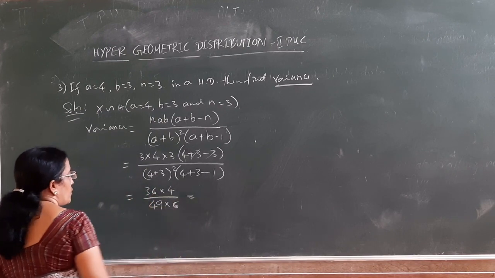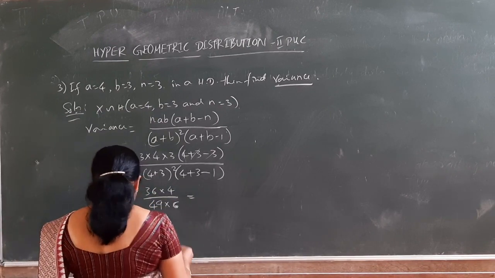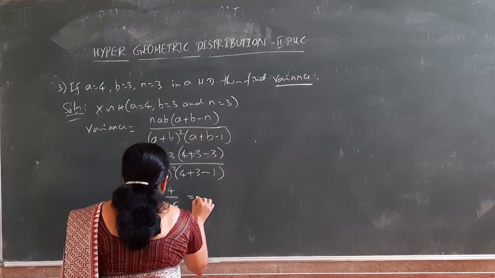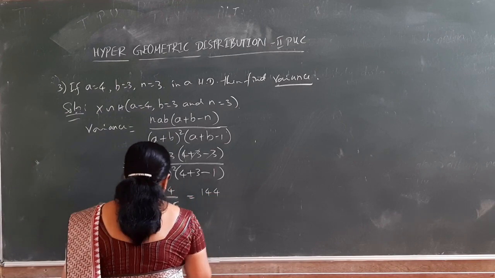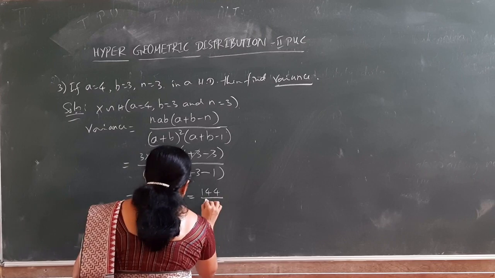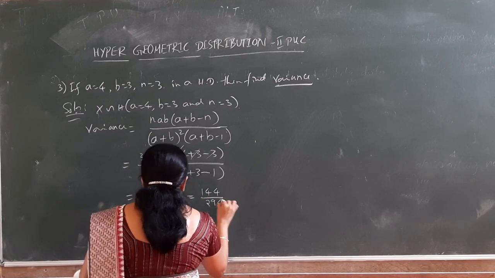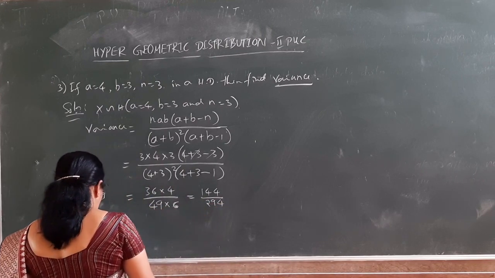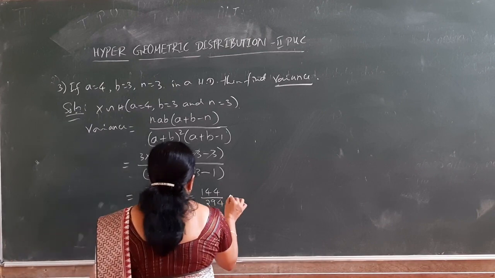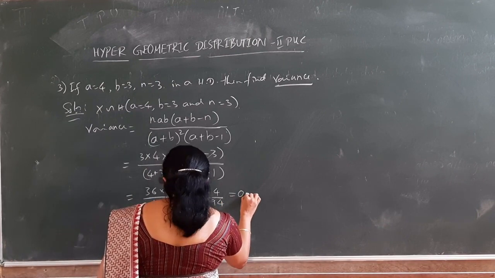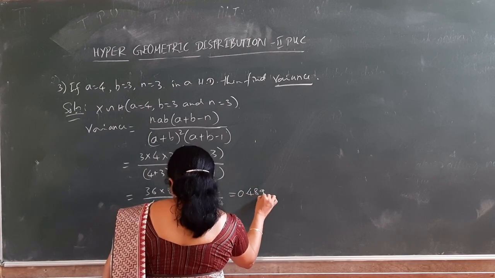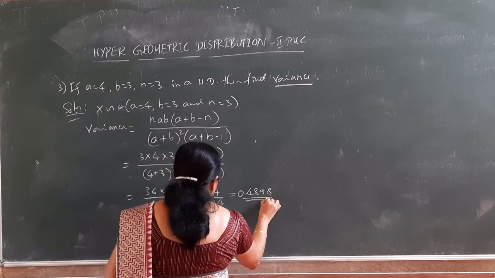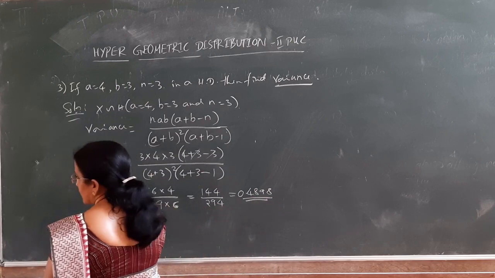Now 36 into 4 divided by 49 into 6, the answer is 144 divided by 294. The final answer is 0.4898. This is the value of variance.